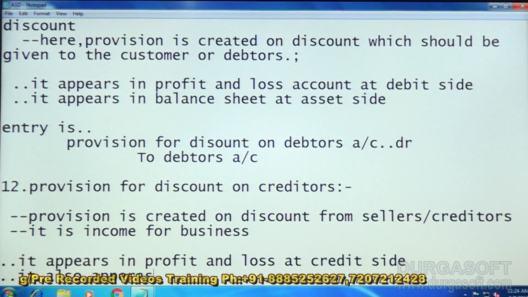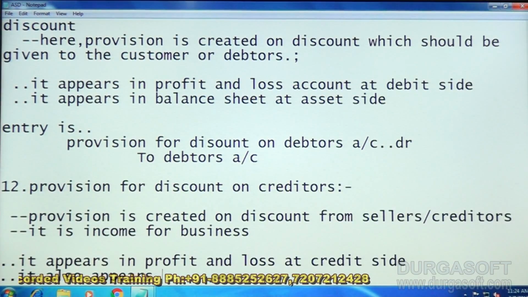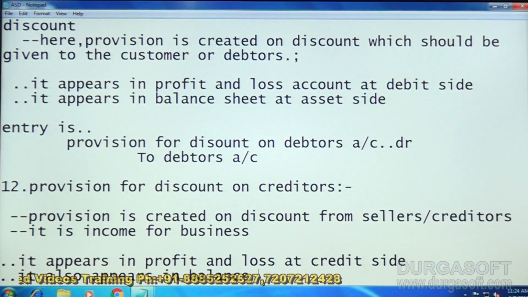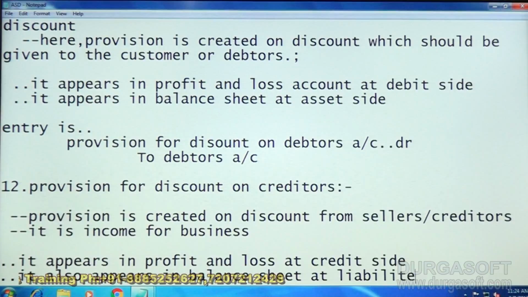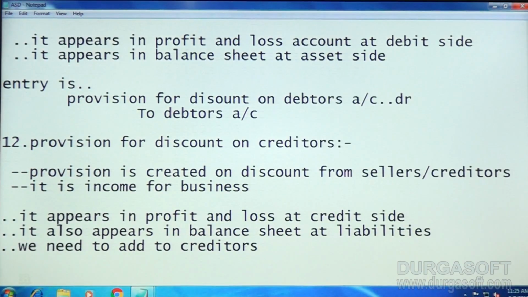It also appears in the balance sheet at the liability side. We need to add to creditors. In the balance sheet we need to deduct.